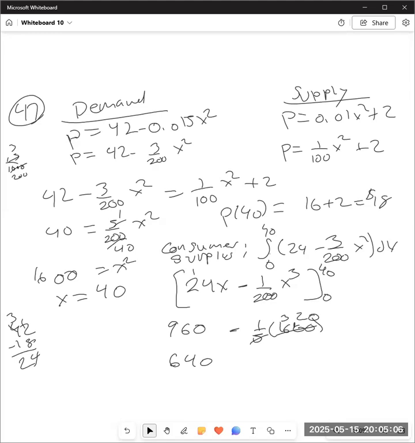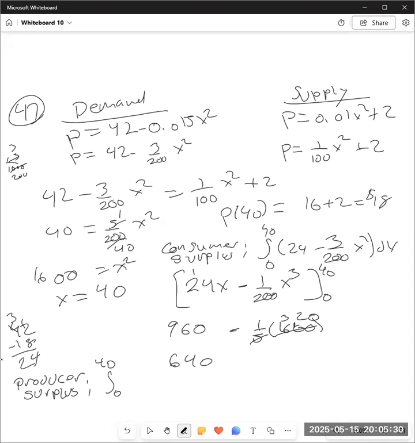And then our producer surplus is the integral from 0 to 40 of our price minus our supply function.